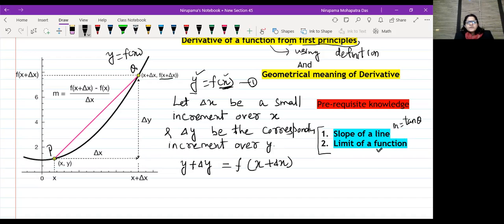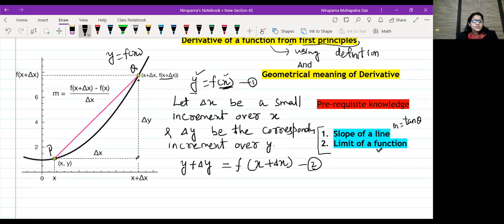So y plus delta y equal to f of x plus delta x. Now you can see from the figure, this is (x, y), and here y plus delta y equal to f of x plus delta x.